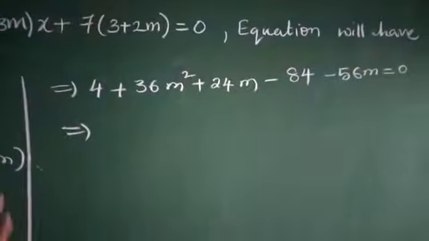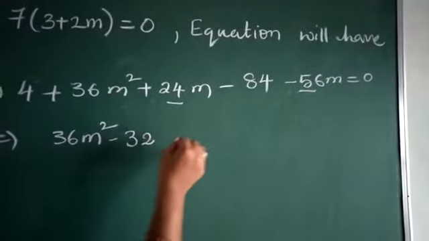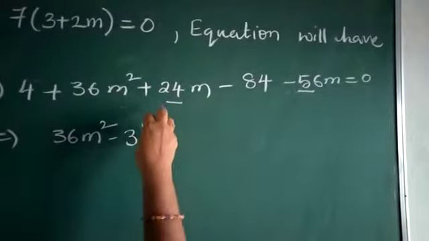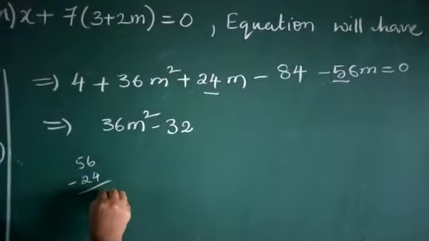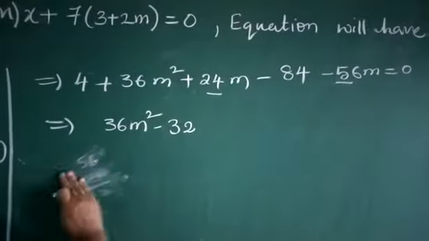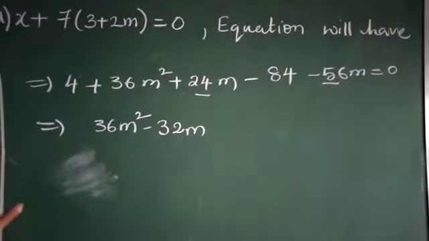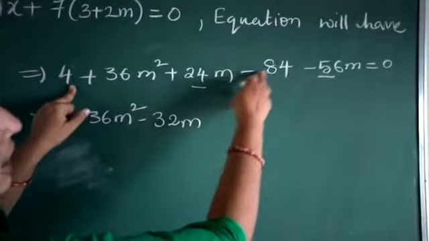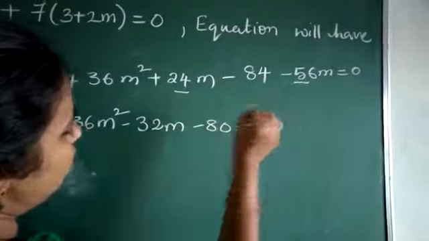Next 24 minus 56, that will be minus 32m. Next constants, 4 minus 84, that will be minus 80 equal to 0.